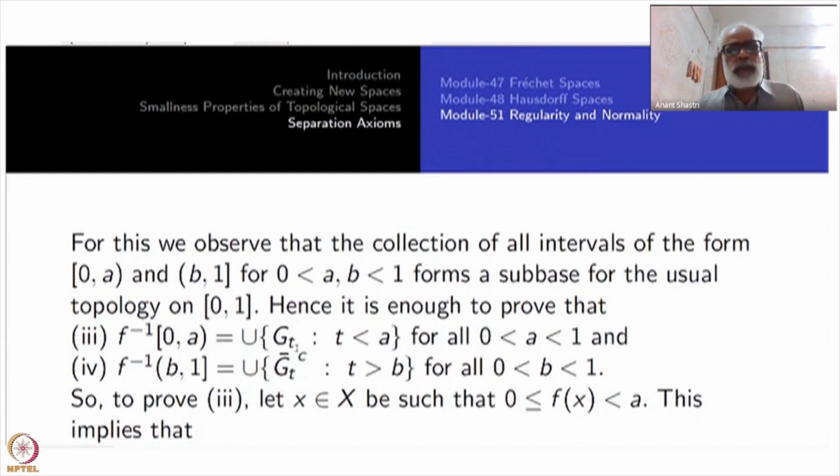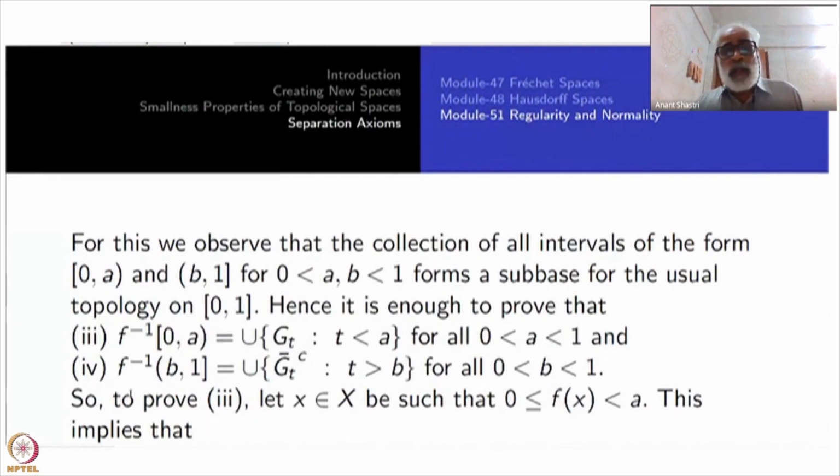For that, I am explicitly proving that f inverse of [0, a) is the union of all the G_t such that t is less than a. Okay? Each G_t, remember, is an open subset, so the union is also open. For all 0 less than a less than 1, I am going to prove this.